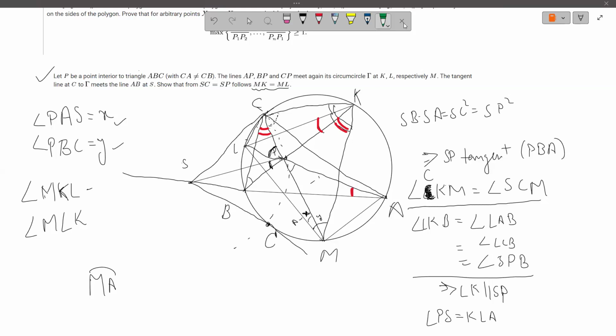We can also get that directly because we know that angle LKM is equal to angle LAM. True. So then angle BCM is also equal to angle BAM. So you know those are equal.